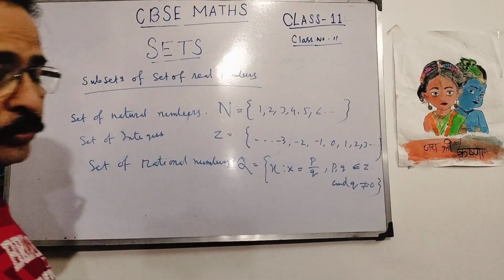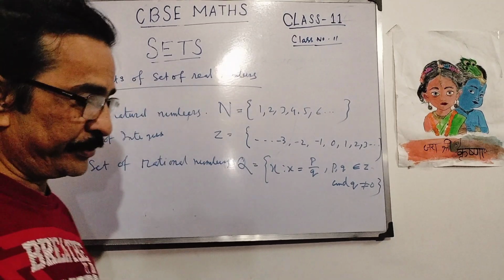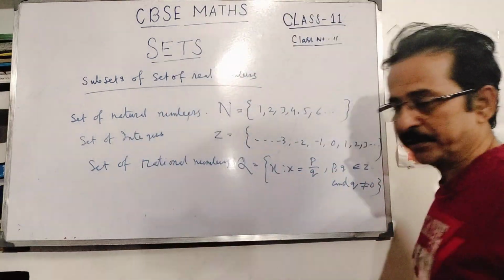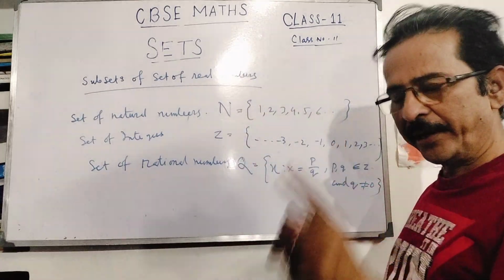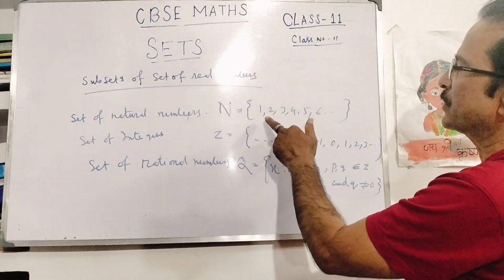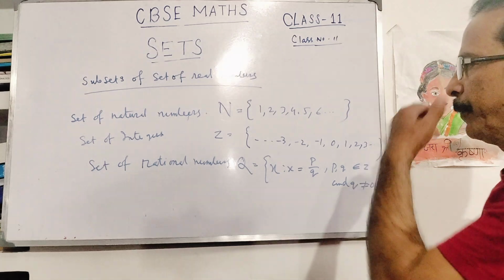You know before that the set of natural numbers is denoted by N. N is the set of natural numbers, that means 1, 2, 3, 4, 5, 6 and so on to infinity.